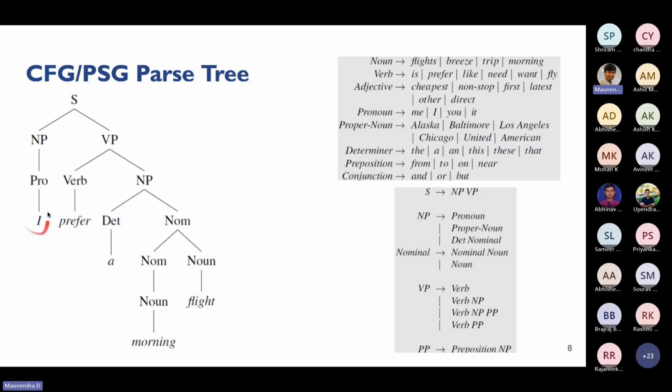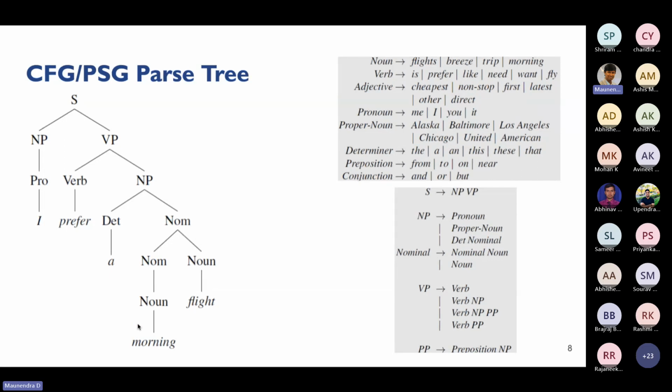If we match, we retain it, and we keep growing the tree. At some point, if no further expansion gives rise to a parse of this, we can backtrack. This is one way in which a parse tree can be constructed. That is called the top-down approach.